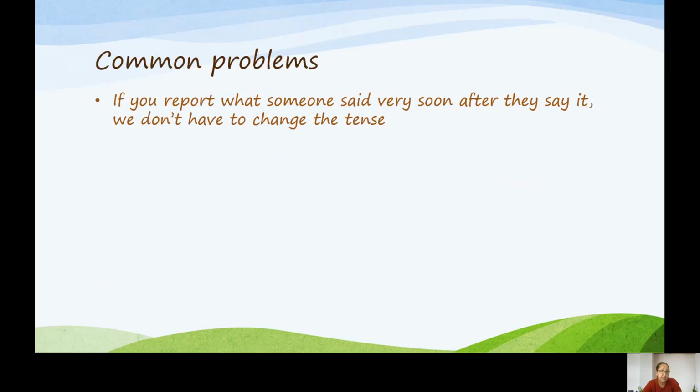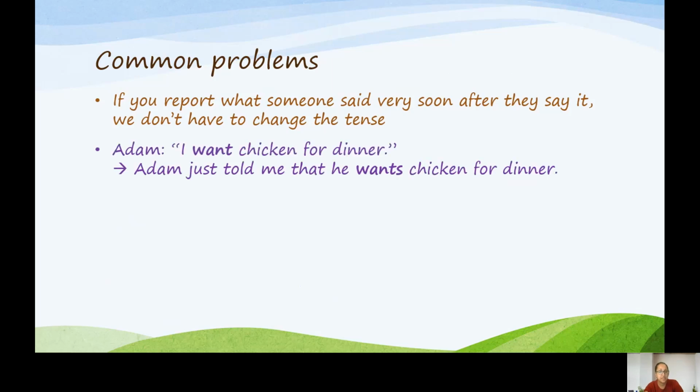I mean, you can, but it would make perfect sense to keep the tense. For example, Adam says, I want chicken for dinner. If you're reporting it soon after he said it, you could say, Adam just told me that he wants chicken for dinner.